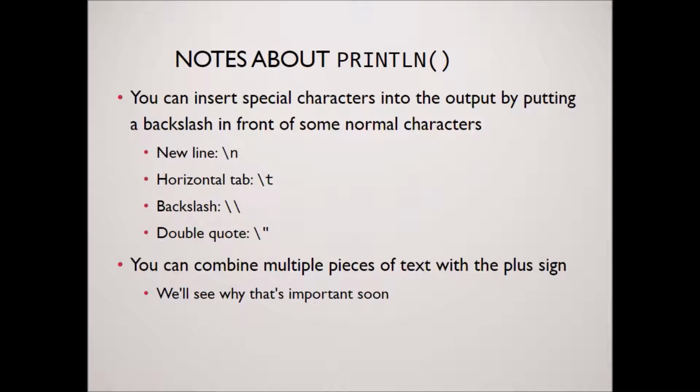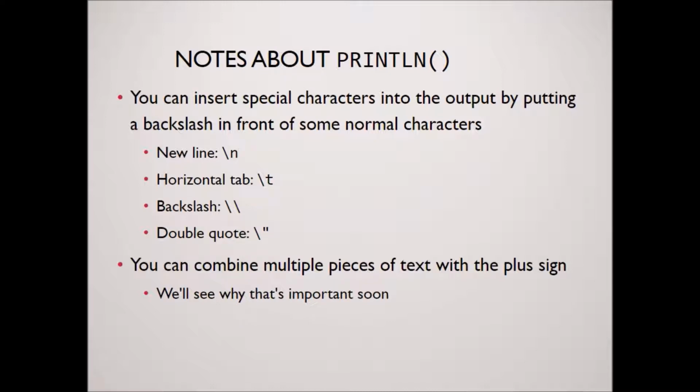But since we're using backslash as a special character, if you want to print a literal single backslash, then you have to do what's called escaping it by putting in two backslashes. So two backslashes become equivalent to printing one backslash, because we're indicating that we're not using the backslash in a special way. And likewise with the double quotes. We use double quotes as delimiters for strings to indicate that this thing is a string of characters.